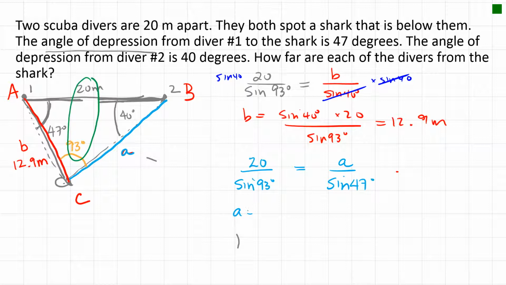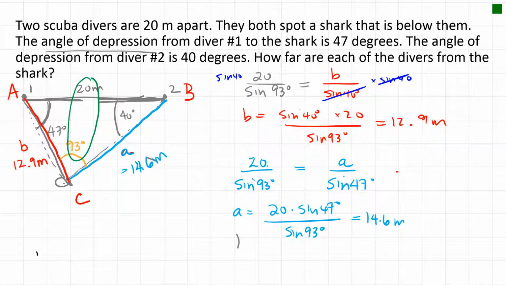So that means a equals 20 sine 47 degrees over the sine of 93 degrees, which equals 14.6 meters. And this is where we start to evaluate whether our answers are reasonable. We were expecting the light blue to be longer than the red, and that's what we found. So always checking against your diagram.